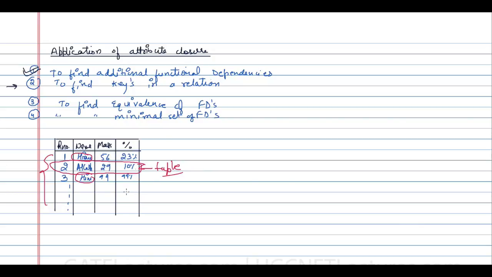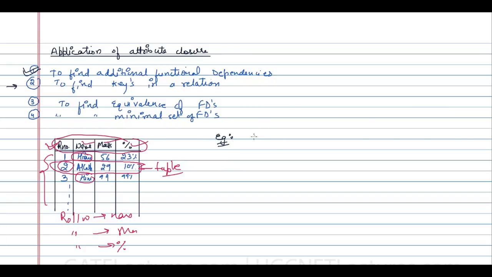That means the roll number should be able to determine name, marks, and percentage. If there are 4 attributes in the relation and I say roll number is a key, that means roll number should be able to determine all the other attributes uniquely, and obviously roll number can determine itself because that is trivial.